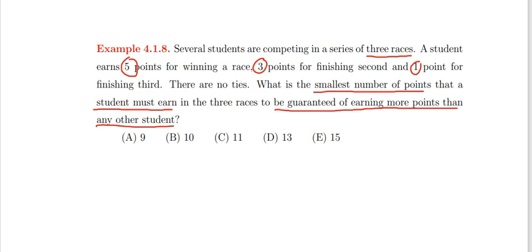So how many students? We just check 3 students, because only 3 people can get some points, all others just 0, right? Okay, so let's say suppose first one, 5 3 1.